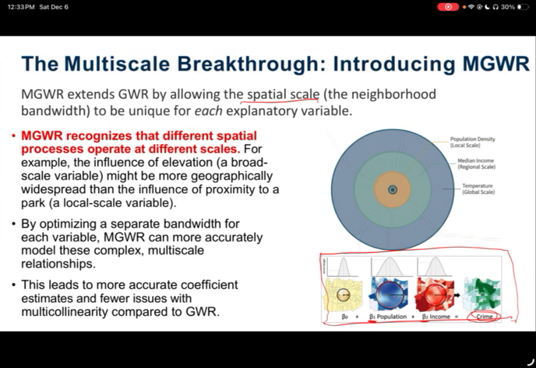So by optimizing a separate bandwidth for each variable, MGWR can more accurately model this complexity with multi-scale relationships. And usually it leads to more accurate coefficient estimates compared to GWR.